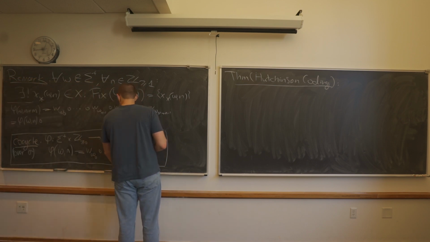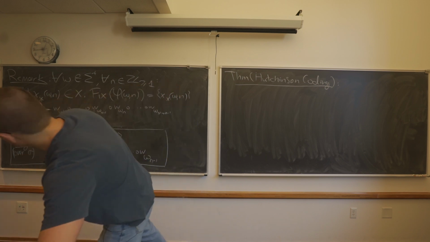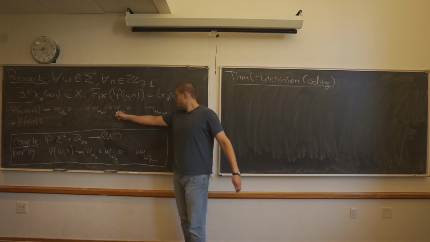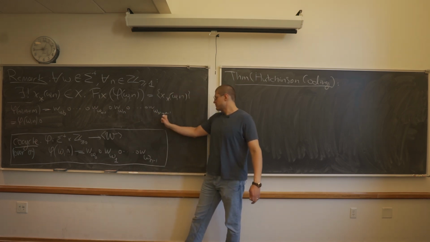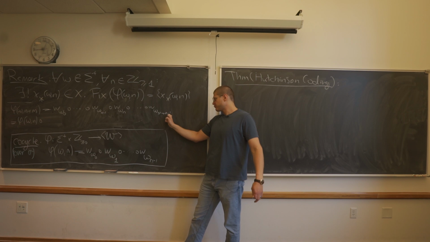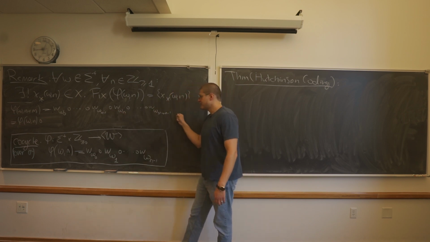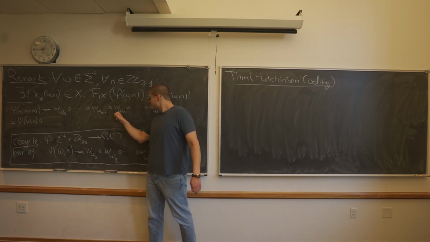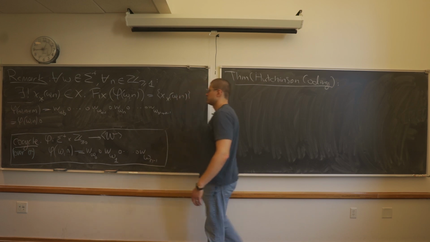So let's think about this. I have here finitely many symbols, omega n to omega m plus n minus 1. In order to be able to write this piece in terms of phi, I need to be able to write it in such a way that this becomes omega 0 of some sequence.